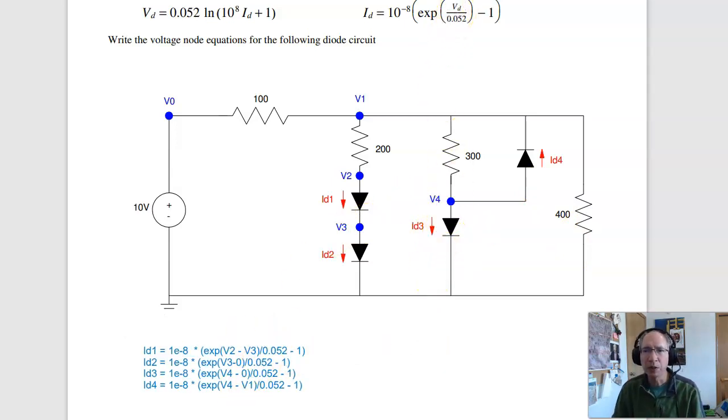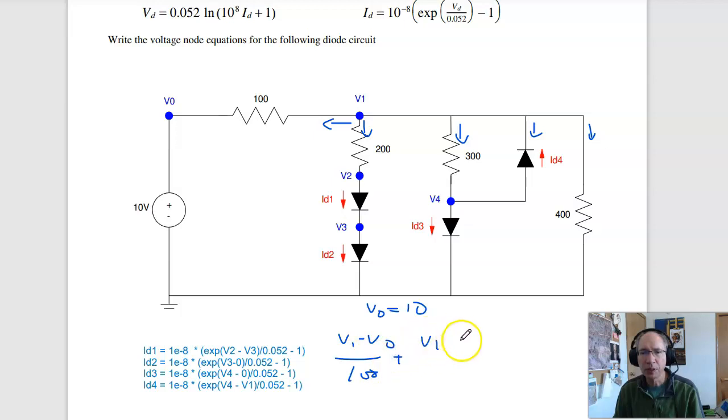Now to write the node equations. At node 0, I know that V0 equals 10. At node 1, these currents have to add to 0. So that's going to be V1 minus V0 over 100, plus V1 minus V2 over 200, plus V1 minus V4 over 300, plus this current.